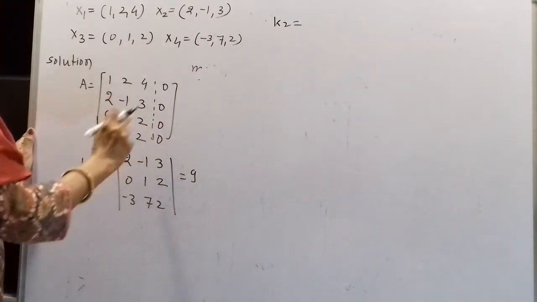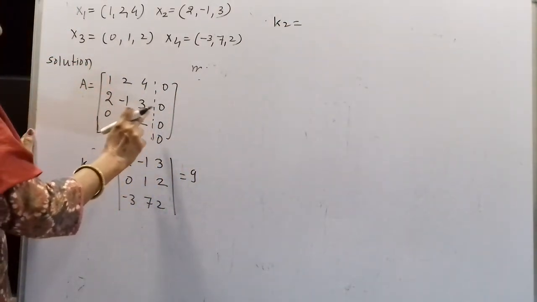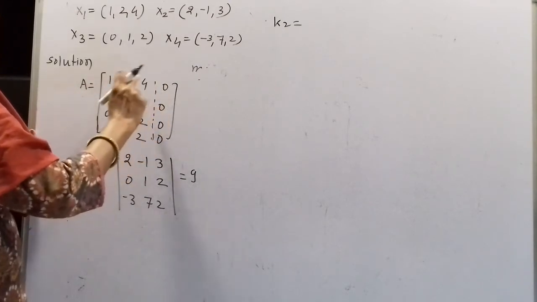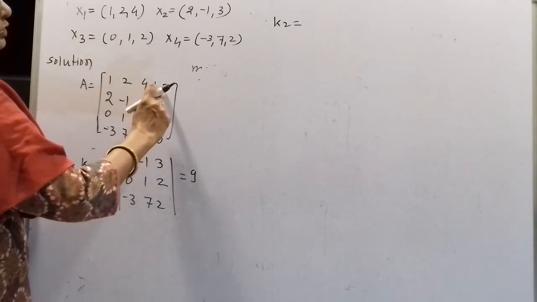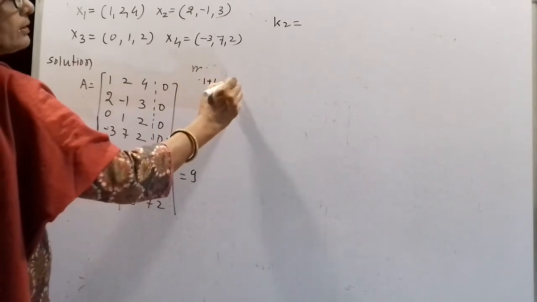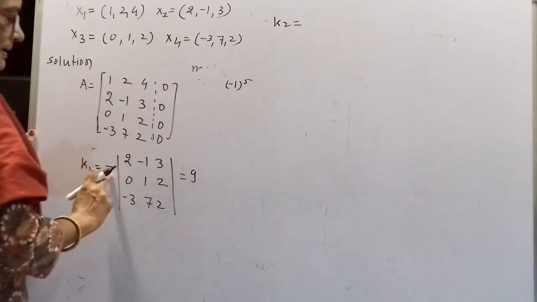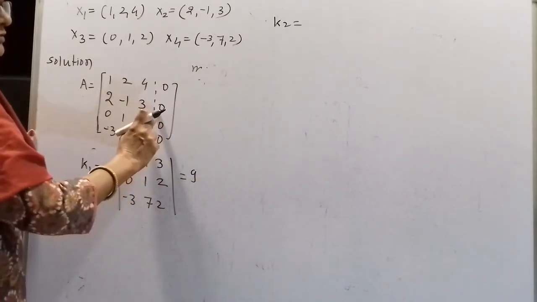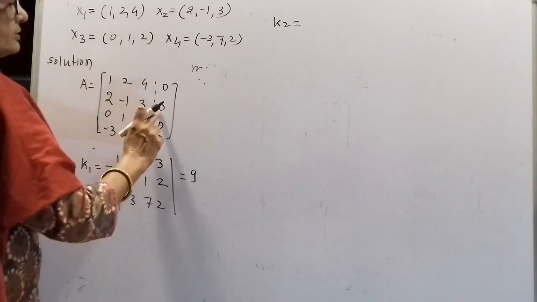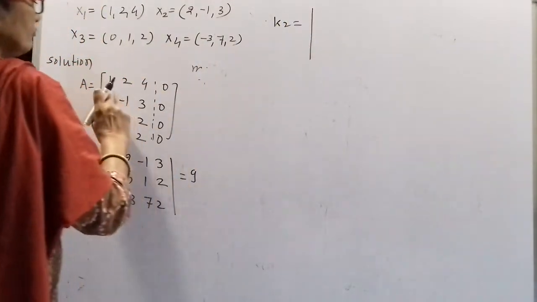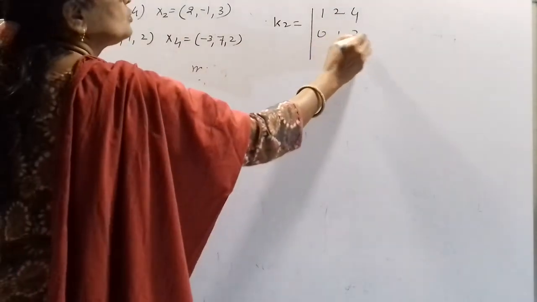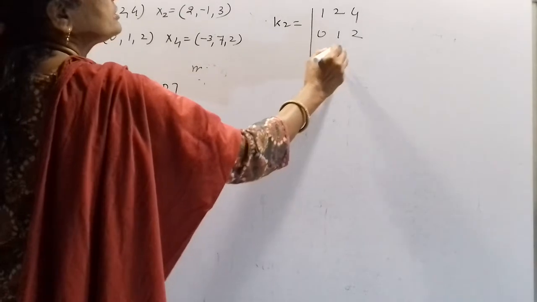Now k2 is the cofactor of this one. Here we have to take plus. I have told you before why we have to consider -1 here, because this is the element of first row fourth column. First row fourth column means 1 + 4 is 5, -1 to the power of 5 is negative, therefore here there will be minus. Now this is the element of second row fourth column. So 2 + 4 is 6, so here plus will come. And we have to take its cofactor, meaning determinant 1, 2, 4, 0, 1, 2, -3, 7, 2.